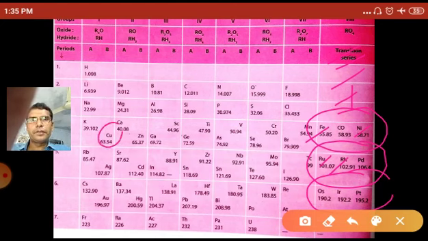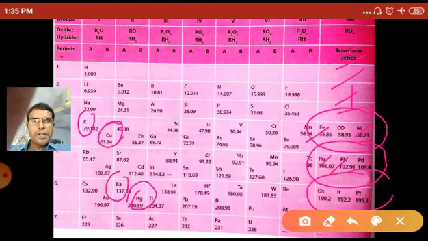Also copper is arranged with potassium, but copper and mercury, here mercury is arranged with beryllium. Copper and mercury have similar properties, but both are far away from each other.